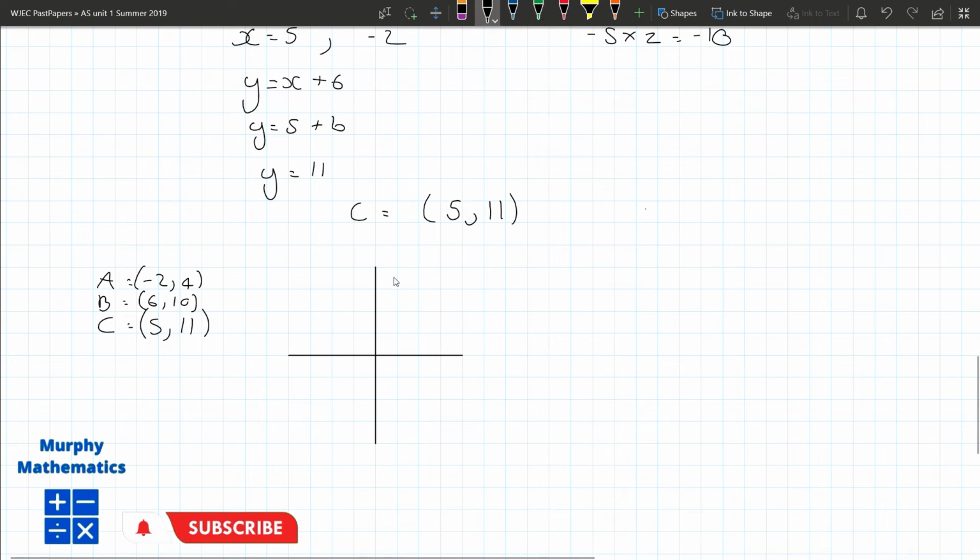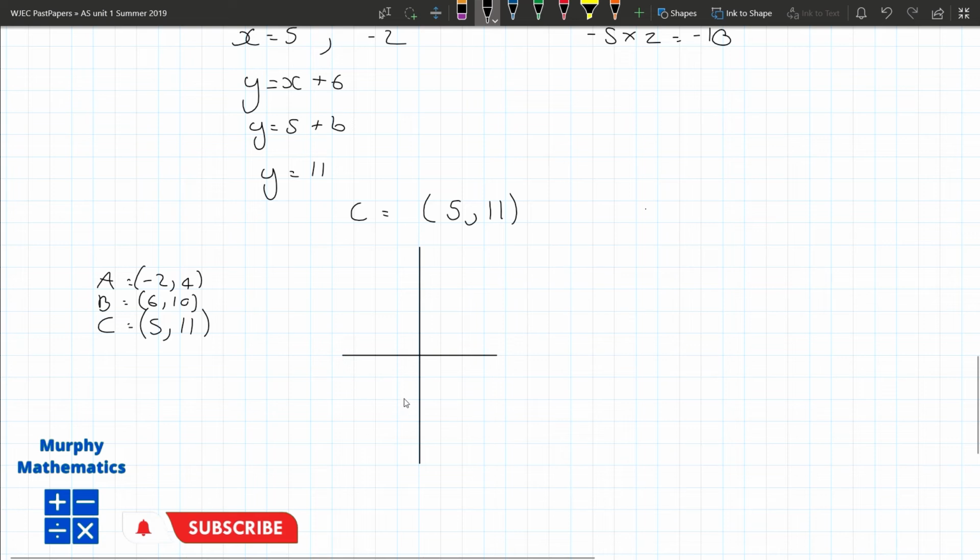So I'm going to scale this graph down by a half. So I'm going to need it to go 5.5 up, and I'm going to need it to go only 3 across. Something like that will do. Okay, and then plot my points.